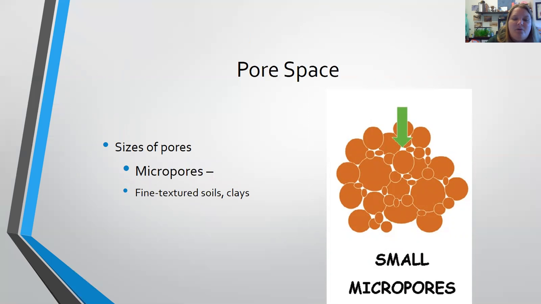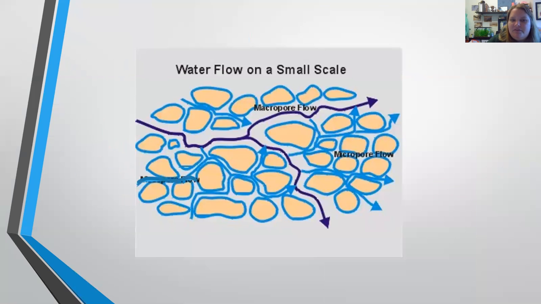Water movement is slow, and it's very characteristic of fine textured soils that have a good amount of clay. You can consider this nice hand drawing, but you still get the idea that the larger pore spaces allow for quick drainage of water, and then they become full with air, easy for roots to grow through, whereas the smaller areas would hold on to the water and exchange it with the plant.